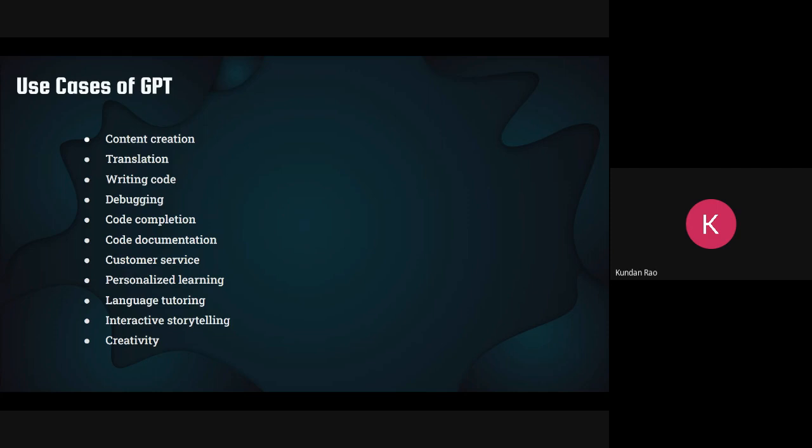Then as we have seen these days, most of the large companies use AI customer service instead of manual labor. Then one can use it for personalized learning. Say you want to learn something at your own pace, and you want to have an interactive session, but you don't have the amenities to do so. You can use GPT.